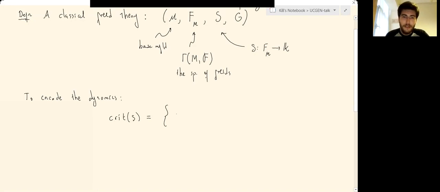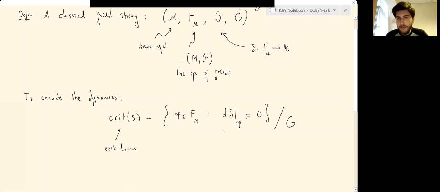We are interested in specific fields, whatever the theory is, such that we have this condition: the critical locus, quotiented out by your symmetry group. And this is called the critical locus.